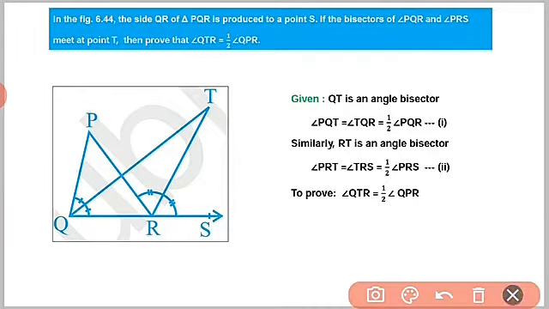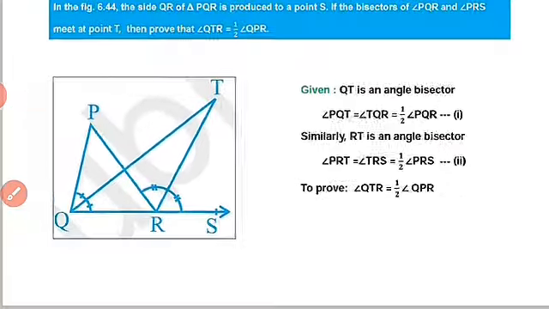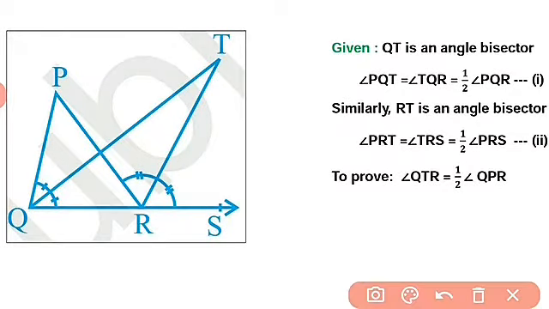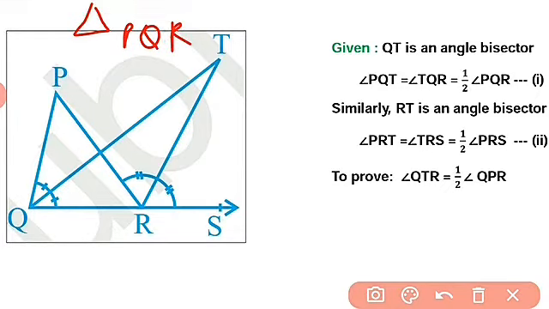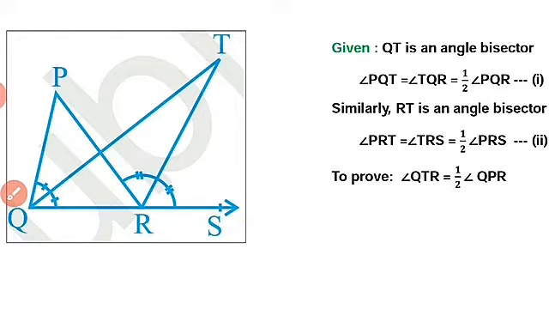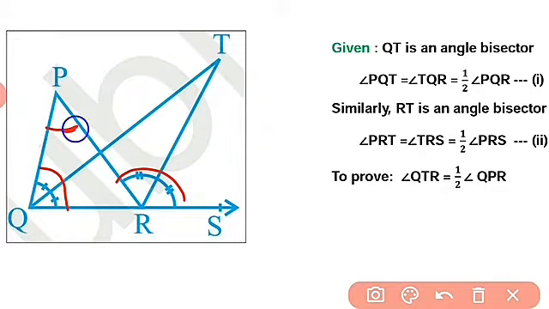So if we take triangle PQR, we can see that QR is produced to point S. So this will be the exterior angle for this triangle, and this exterior angle will be equal to the sum of the opposite interior angles. So what can I write?